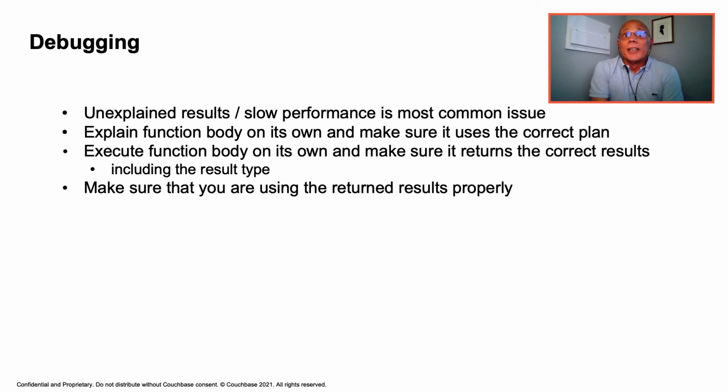The other thing you have to make sure of is that the function body executes correctly and returns the correct results, again bearing in mind the type. And then, as I was saying in the previous slides, once you've made sure that the plan is correct and the results are correct, make sure that you are using the results from the function correctly in your N1QL statement.